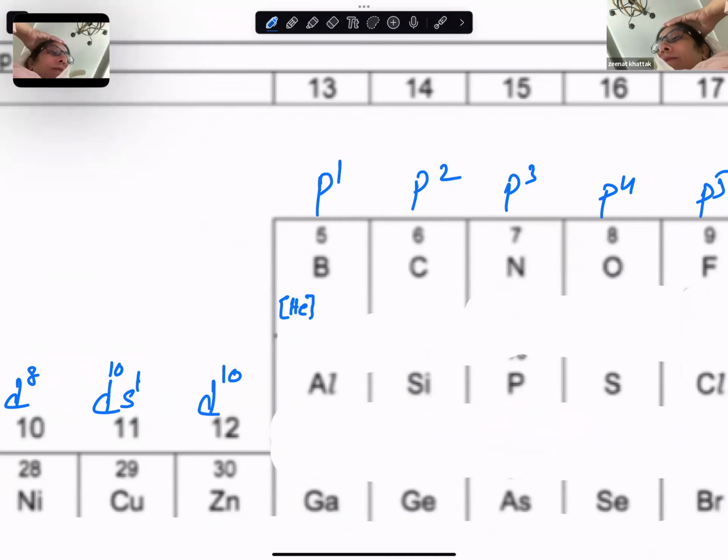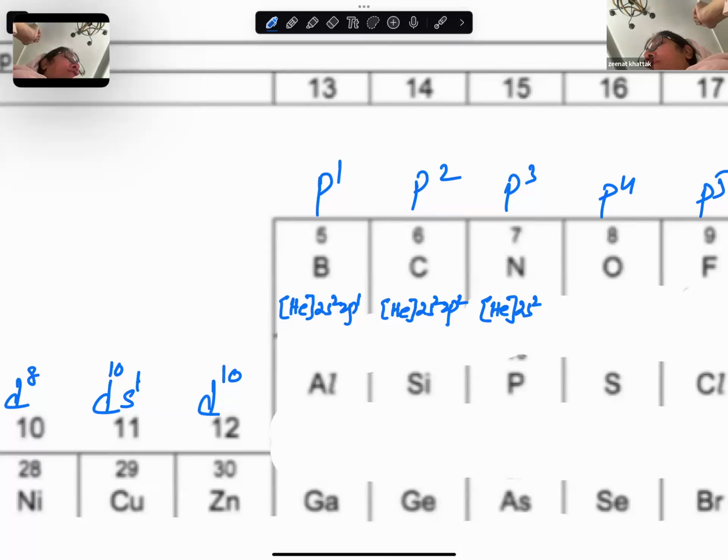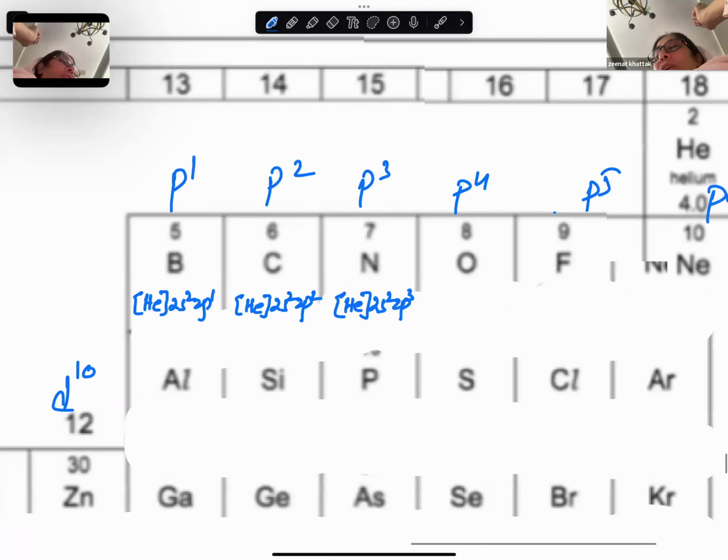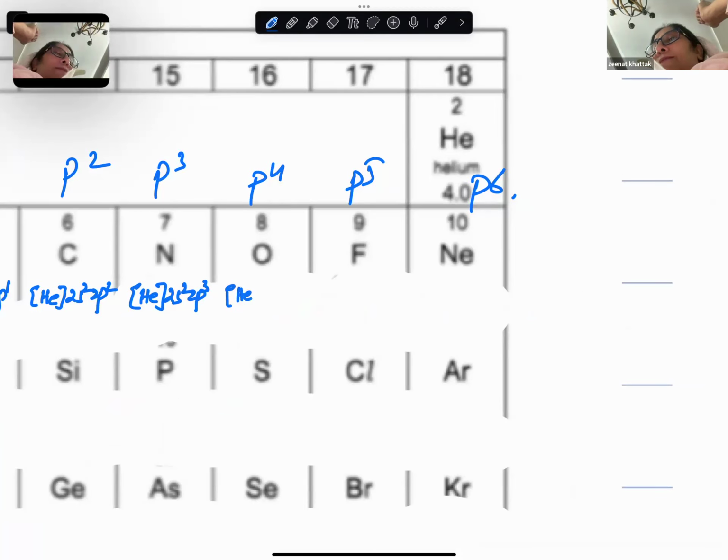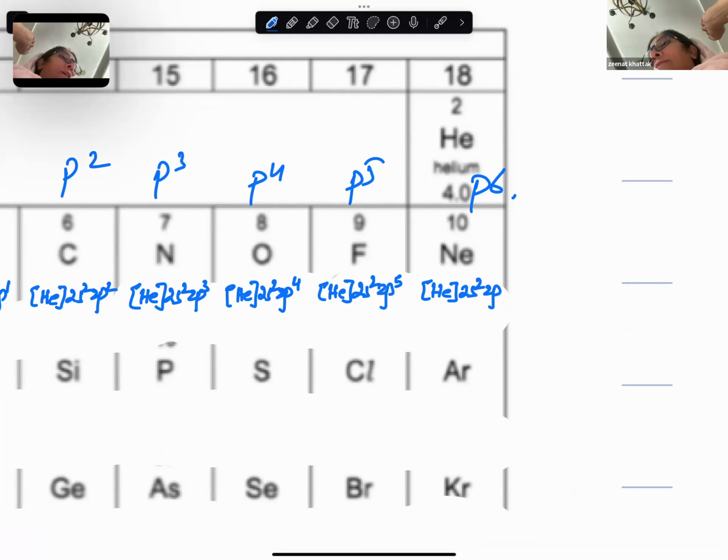Helium 2s2 2p1, helium 2s2 2p2, helium 2s2 2p3, helium 2s2 2p4, and helium 2s2 2p5, and helium 2s2 2p6.